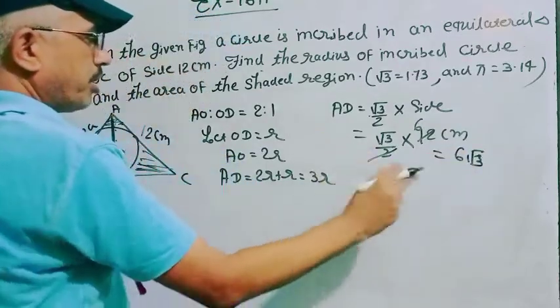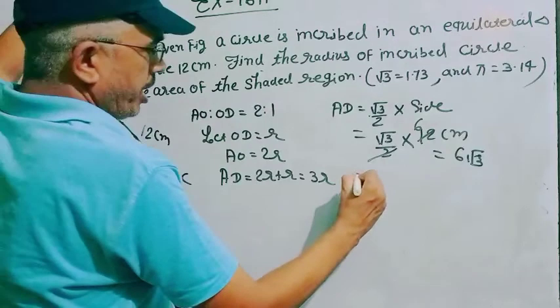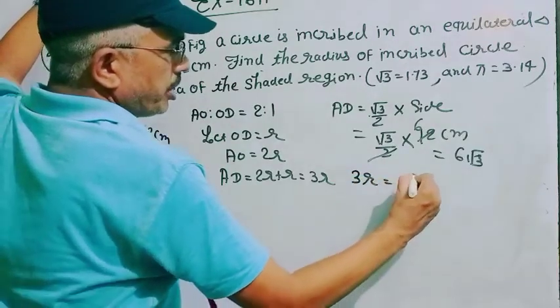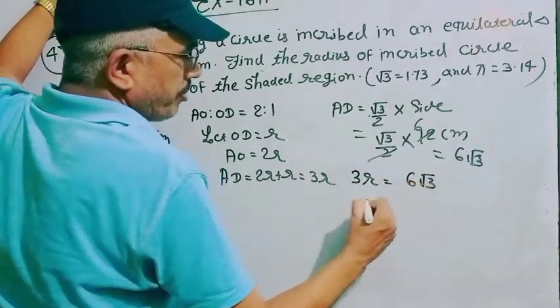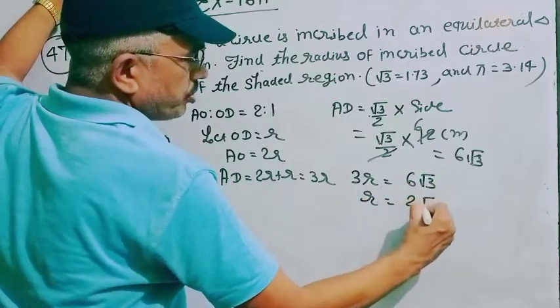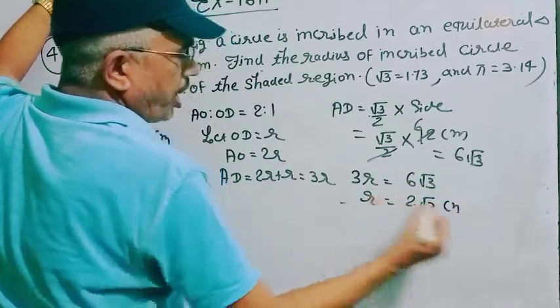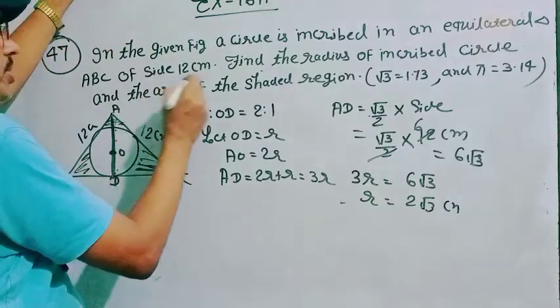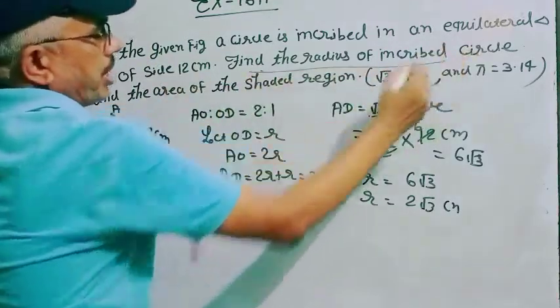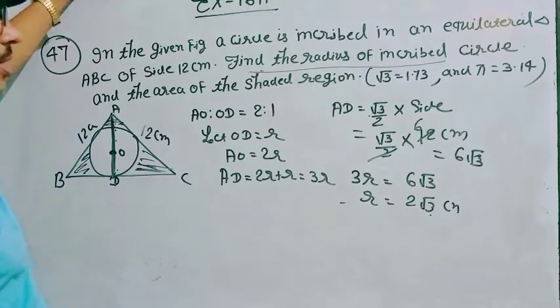So AD is equal to 6 root 3, and here 3R is equal to 6 root 3. Then R is 2 root 3 cm. So the first part, the radius of the inscribed circle, is 2 root 3 cm.